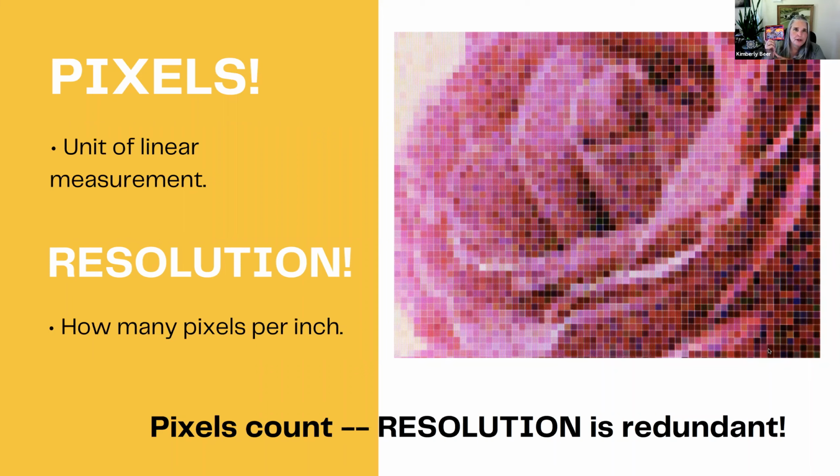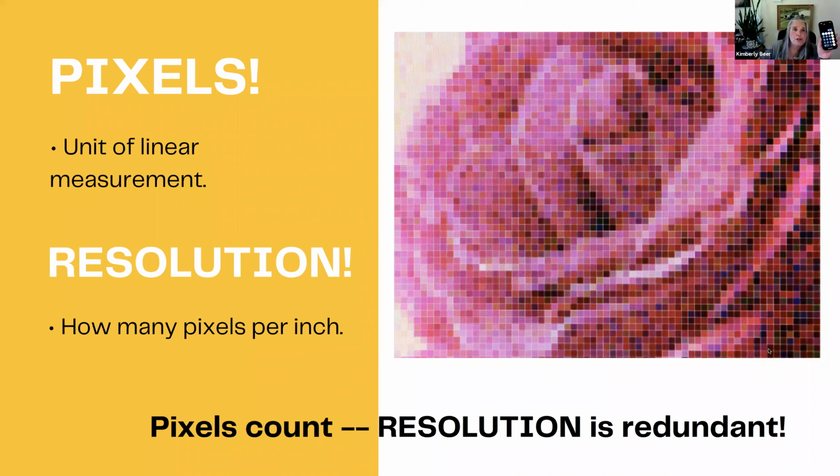Everybody with me so far? You want me to say it again? Melanie's like, yep, say it again. All right. So Melanie, on a screen, 72 pixels per inch. If you want your image to show up as 6 inches at 100% on a screen, we would take 6 times 72, which would give us 432.